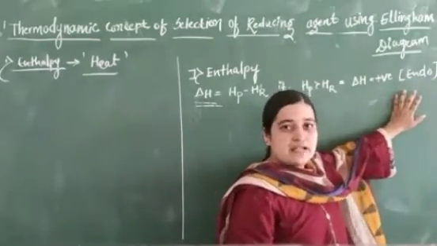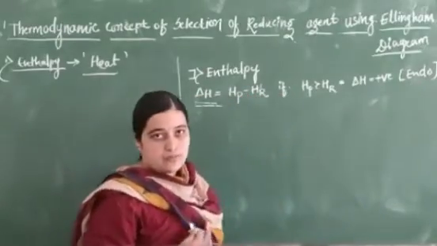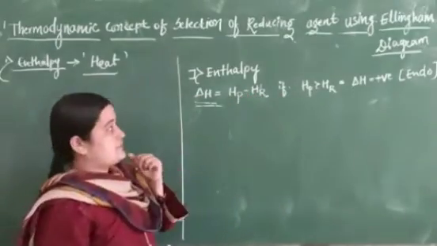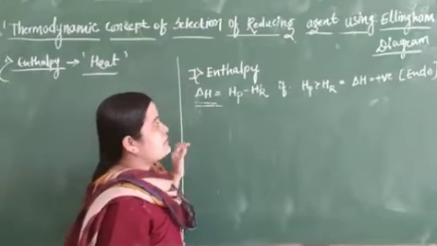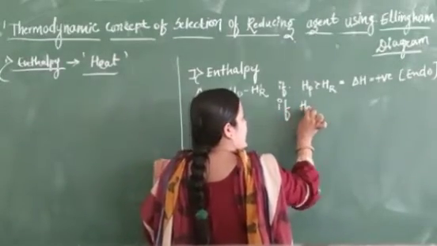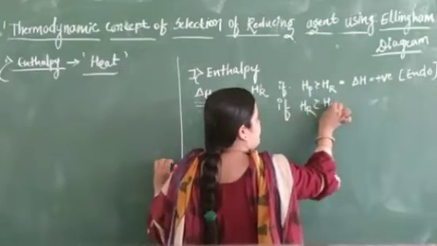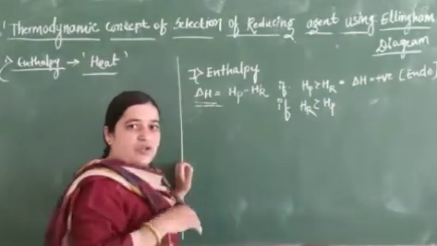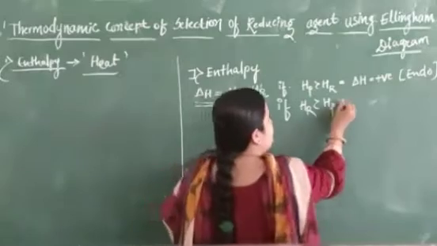We will read once again the meaning of endothermic and exothermic. In the next case, if the enthalpy of the reactant is greater than that of the product, the vice versa happens.